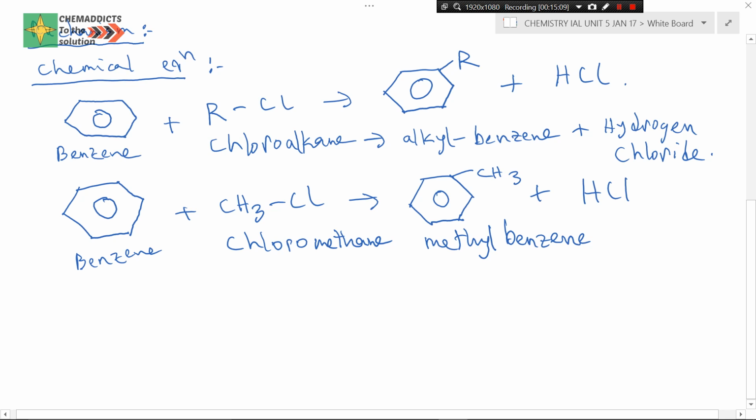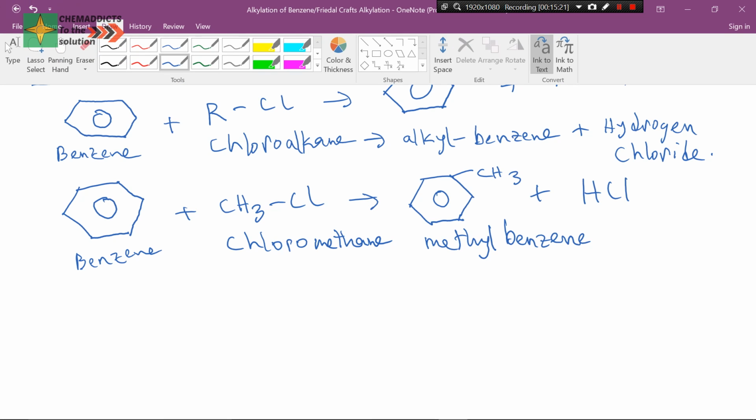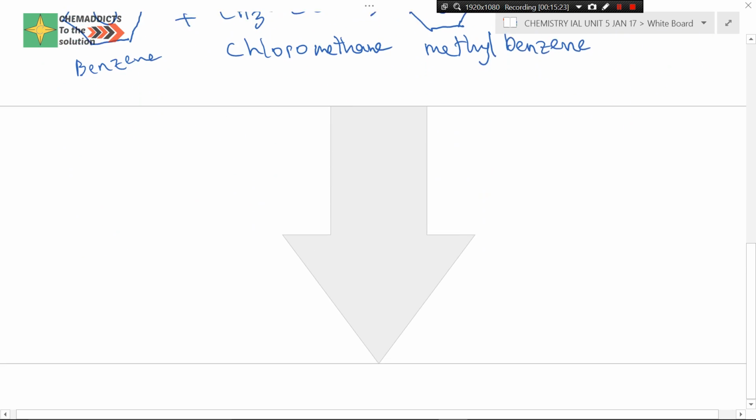Okay, so now let's get into the mechanism. This was the chemical equation for this reaction. So now let's talk about the mechanism. So the mechanism would be like this. Here at first we need to generate an electrophile, since this is an electrophilic substitution reaction.